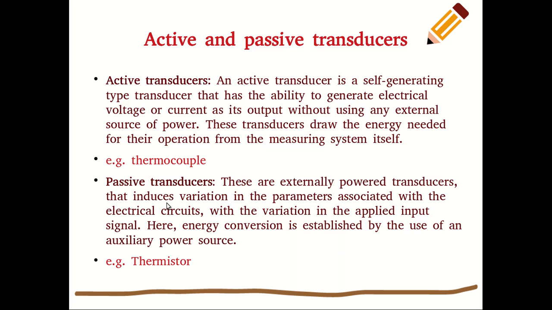These passive transducers induce variation in the parameters associated with the electrical circuit with the variation in the applied signal. For example, a thermistor is a passive transducer. This is one classification scheme.